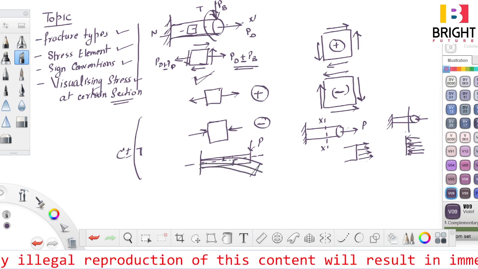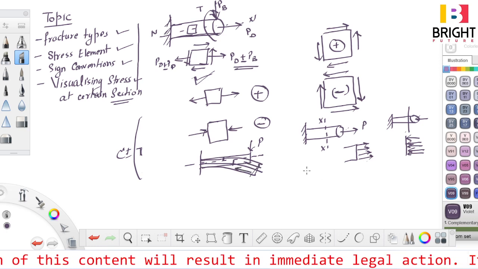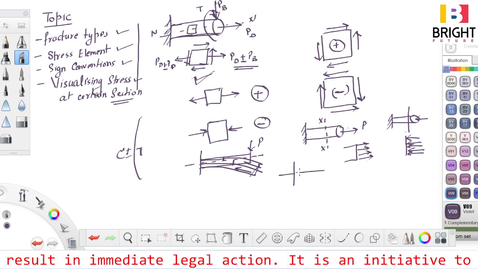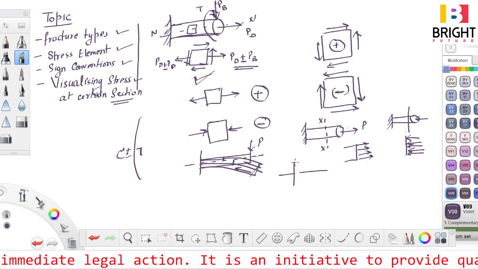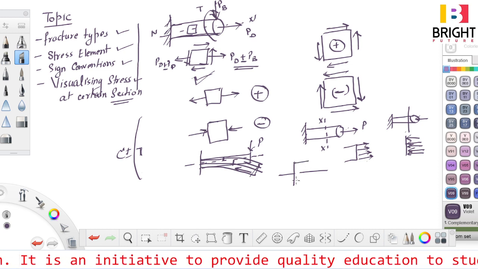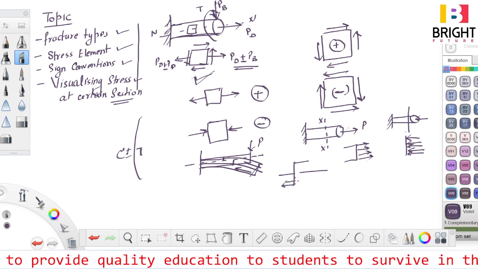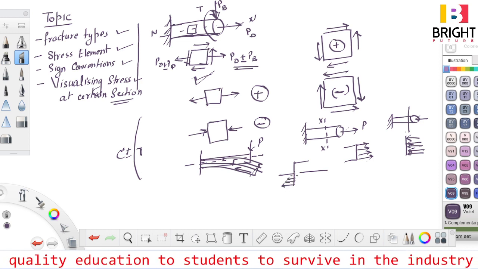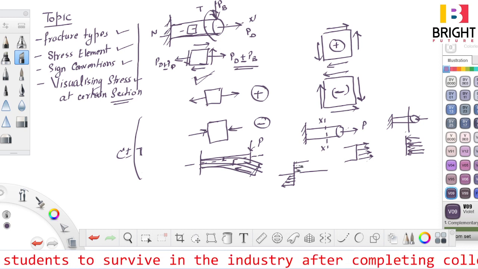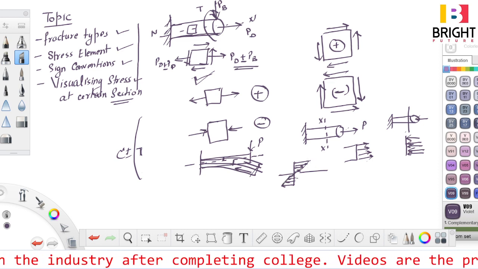So the upper portion will elongate and the lower portion will compress. So if I draw the cross-sectional stress over this and this one is the neutral axis, then the stresses in this area will be like this, in this area like this, and they will pass through 0 like this. It will be like this, right?